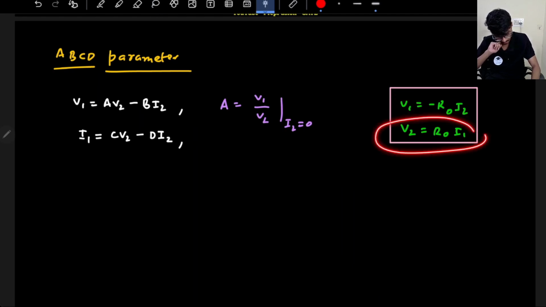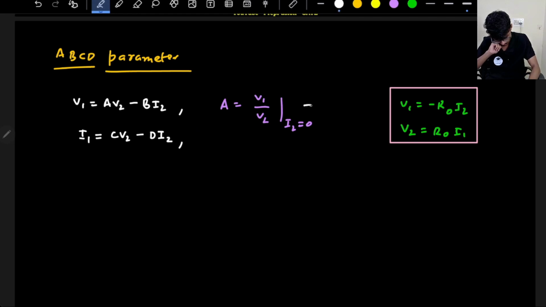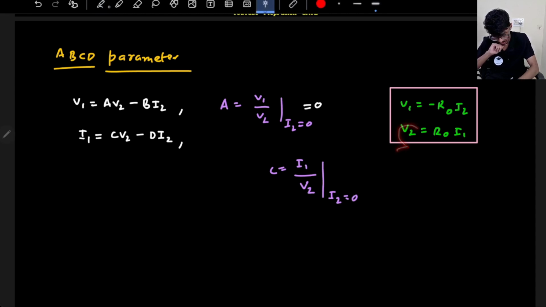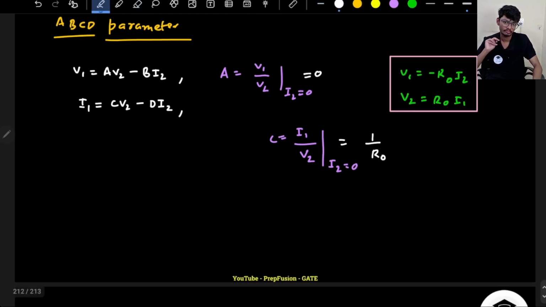It does not matter whatever is my V2. If my I2 is 0, V1 is automatically 0, so A will be 0. Okay, what about C? C is also I1 divided by V2 when my I2 is 0. So I1 divided by V2 is independent, that is 1 by RO.